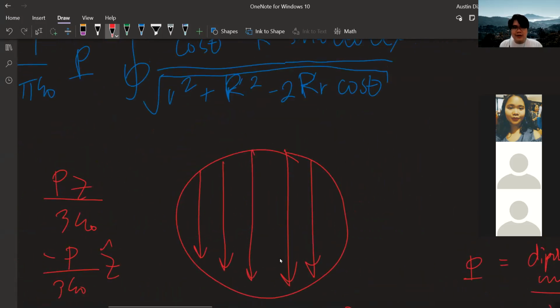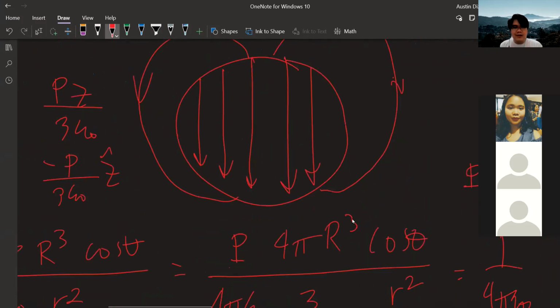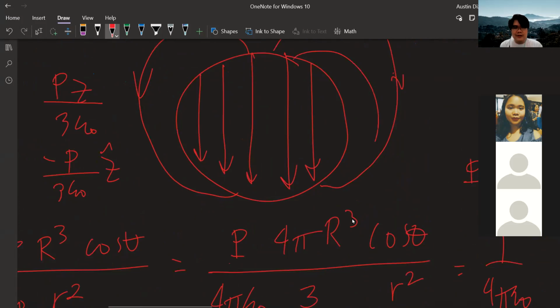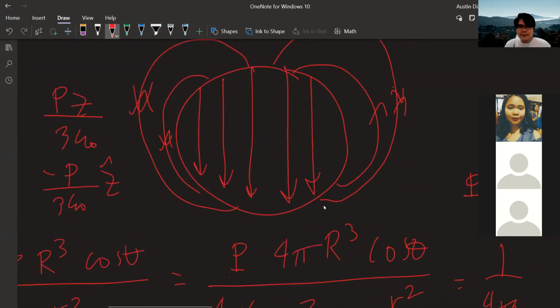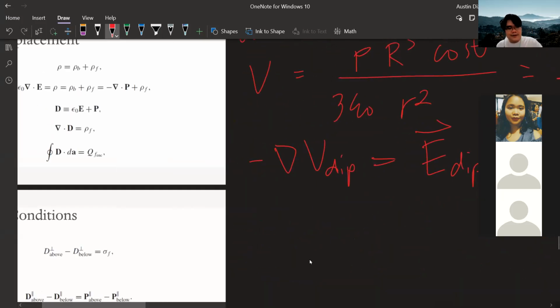So, ang itsura nun will be something like this. So, magiging dipole sa outside. Okay? So, that's why Gauss's law won't work sa configuration nito. Ay, upwards pala. Upwards.